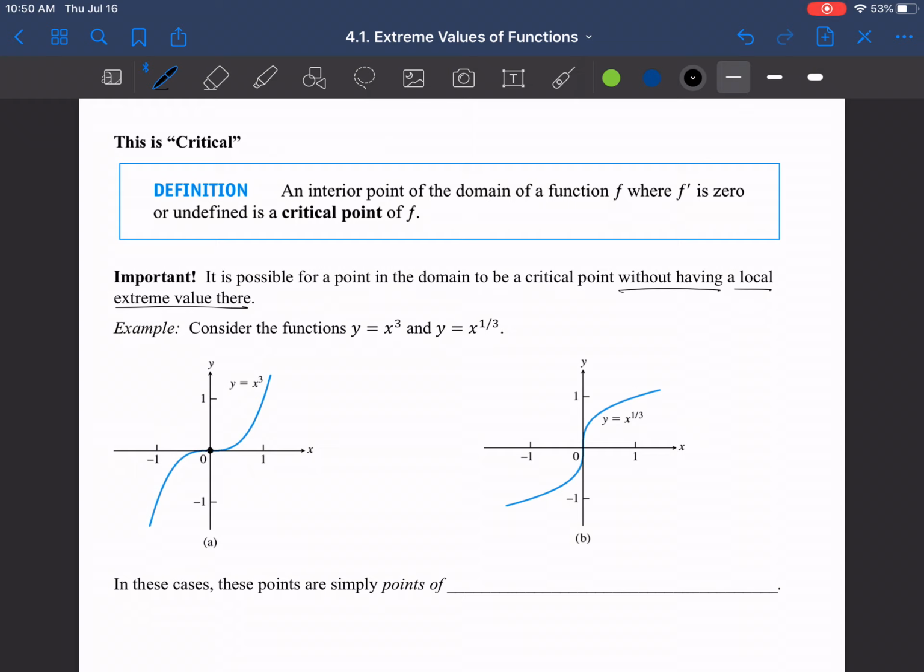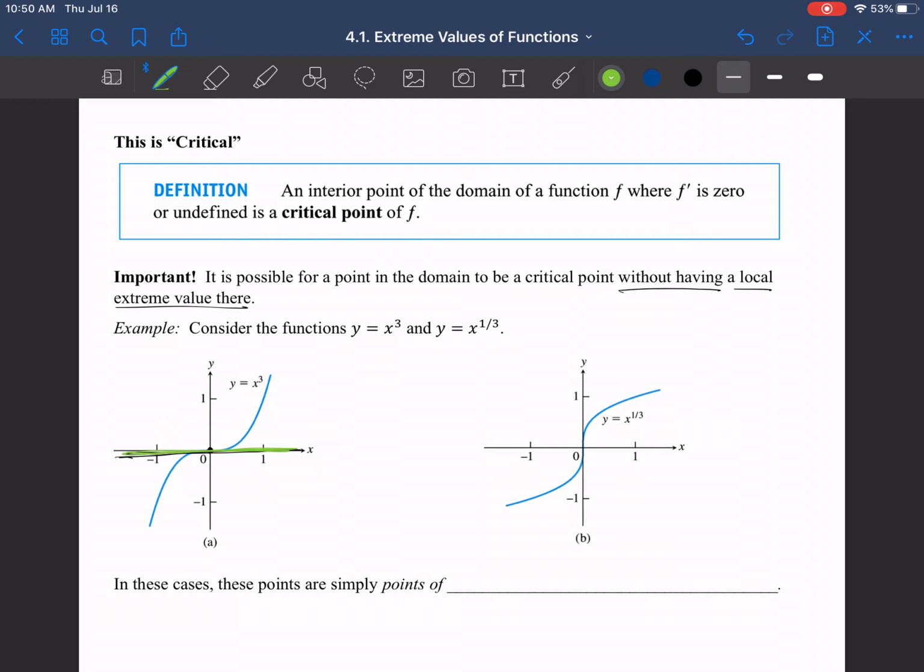This point right here, if you do the slope there, it's going to be 0. There is a tangent line that goes straight across. The tangent line there is 0, but that is not a maximum or minimum.